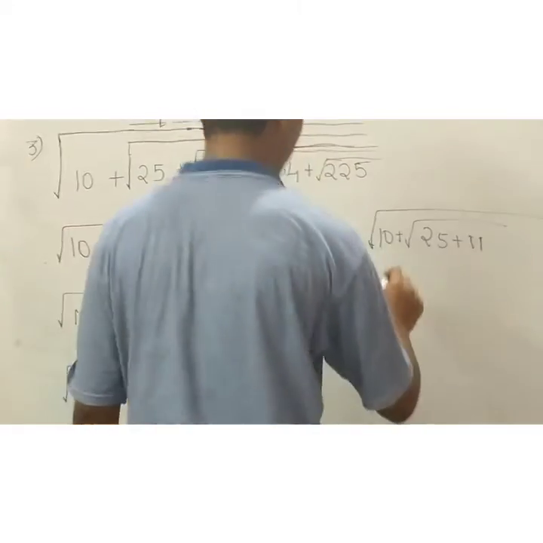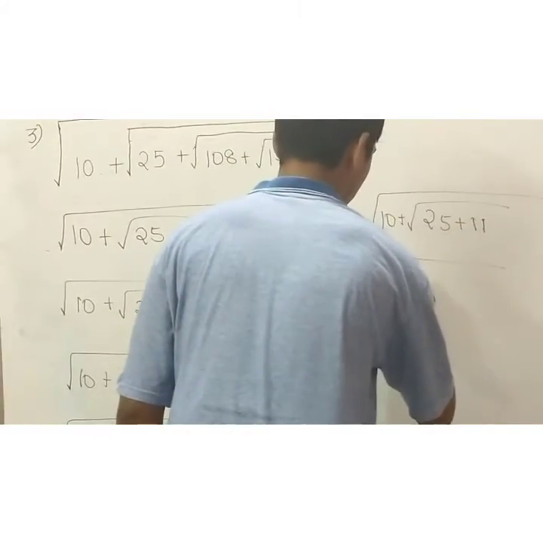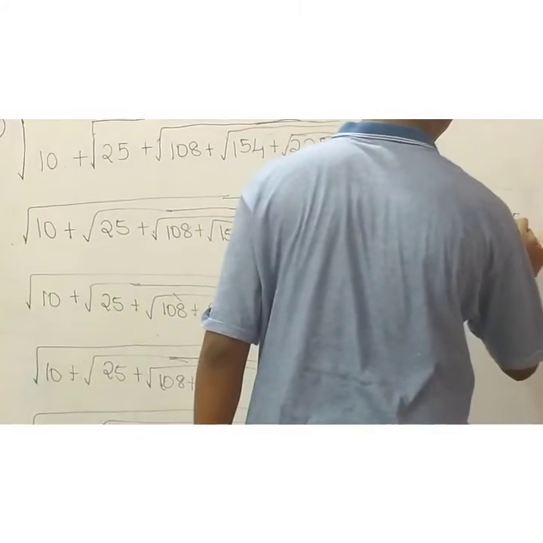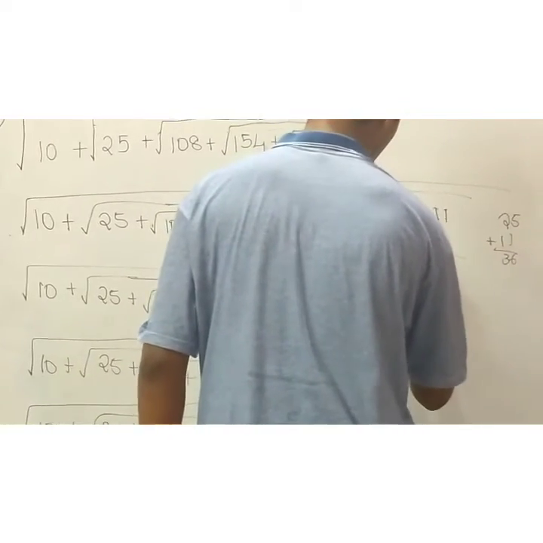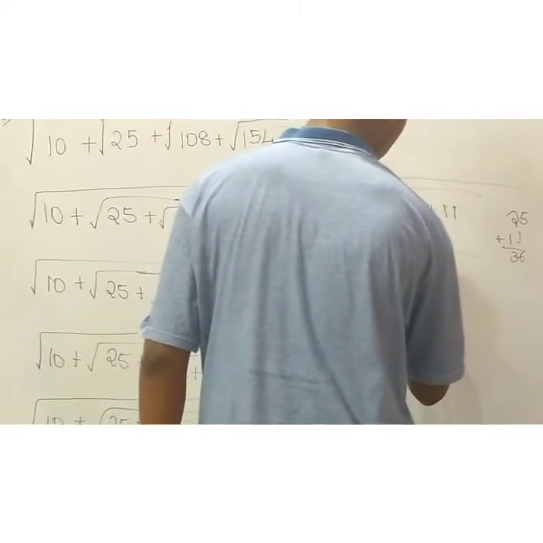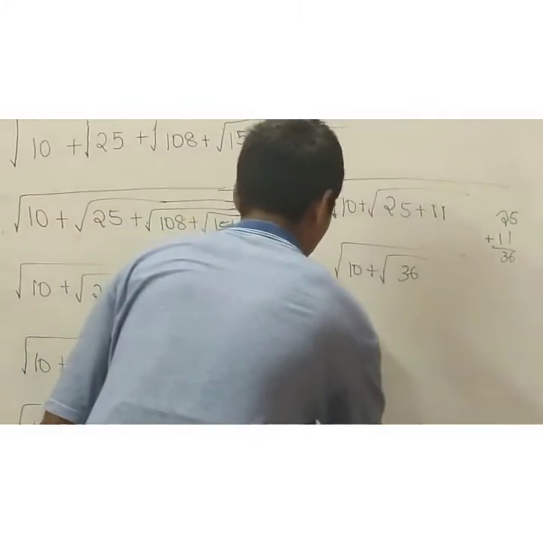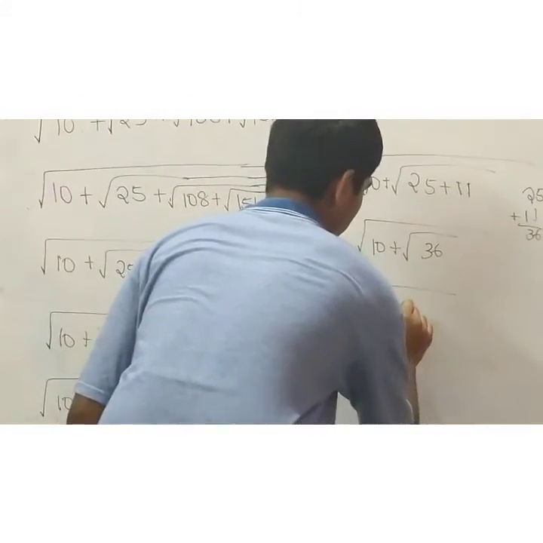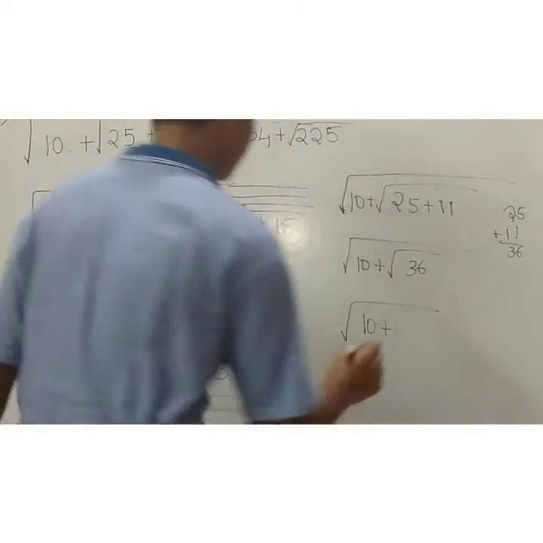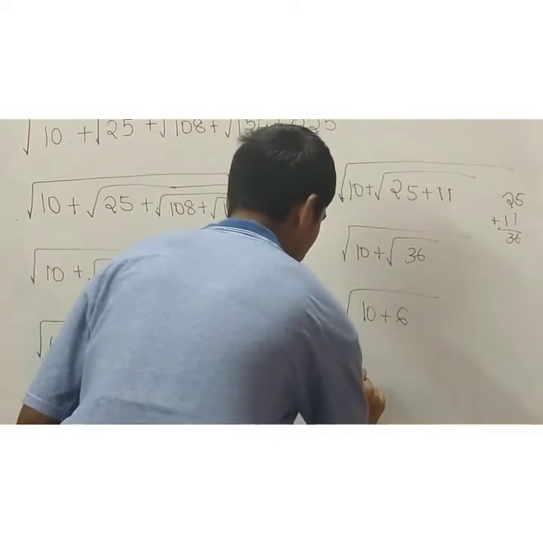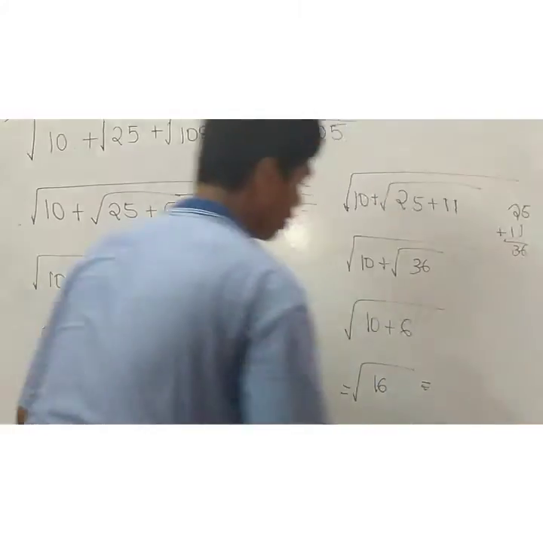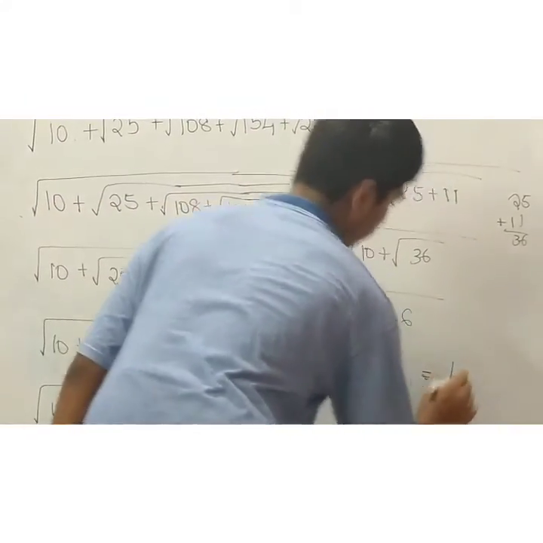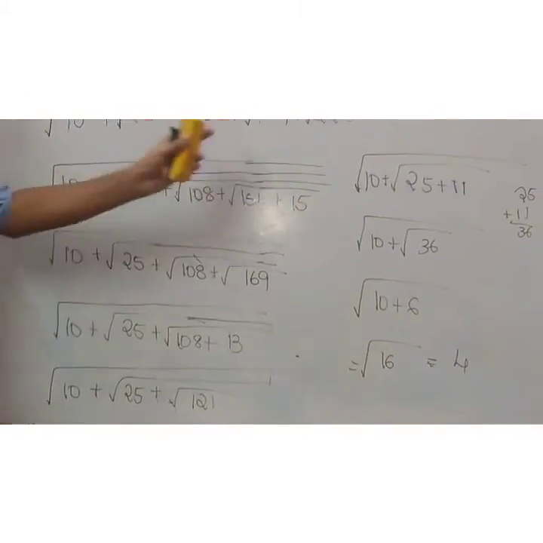Now add 25 plus 11, which is 36. Root 36 is 6. Now 10 plus 6 is 16. Root 16 is 4. The final answer of this question is 4.